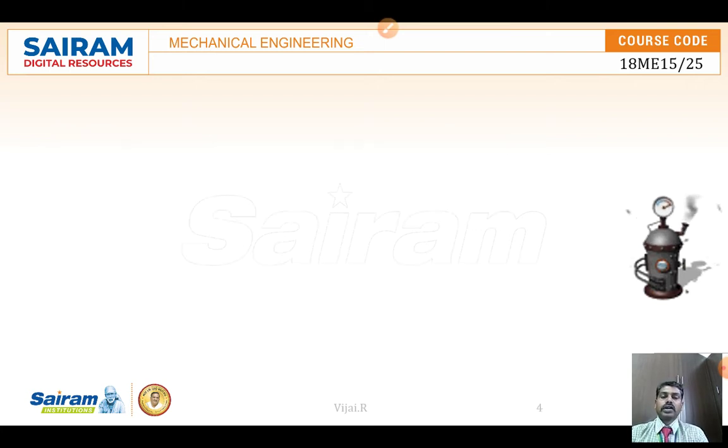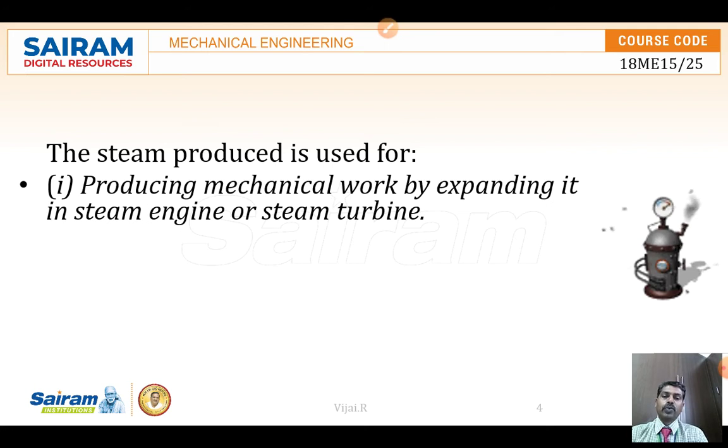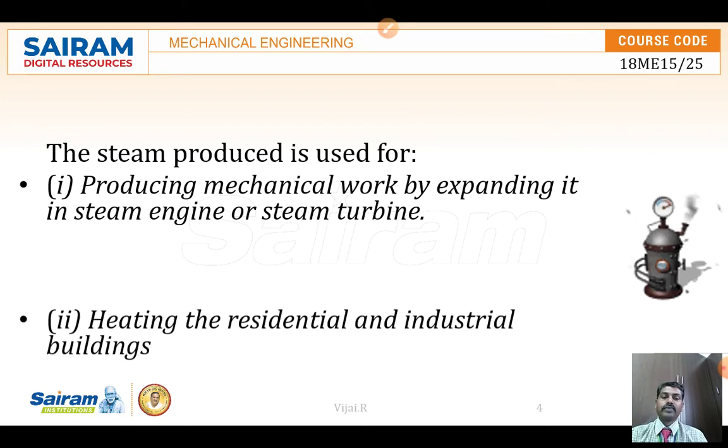There are many different types of boilers out there, and we are going to see about them. Before that, what is the application of boilers? Where can we use these boilers? Normally, boilers are used for producing mechanical work by producing steam.